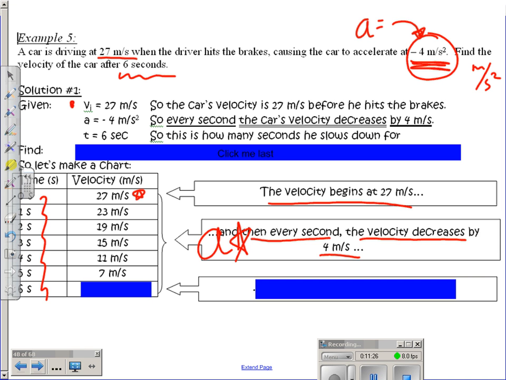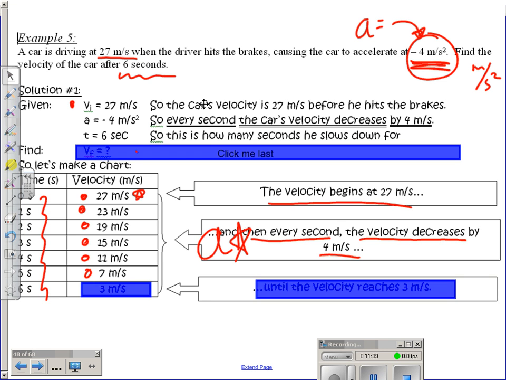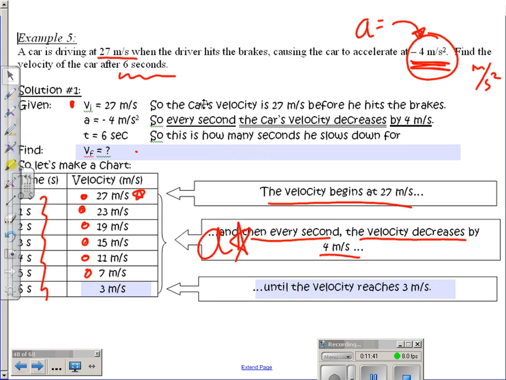I just kept subtracting 4. We started at 27, minus 4 gives you 23, minus 4 gives 19, minus 4, minus 4, minus 4, until you get to your final velocity of 3 meters per second. Okay?